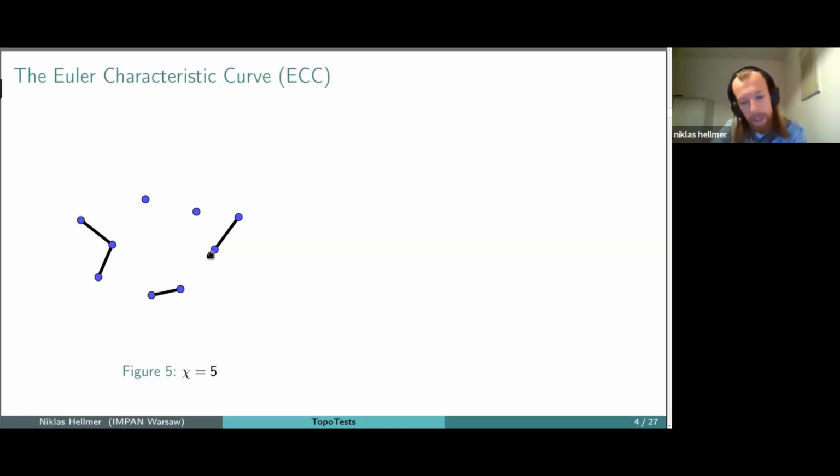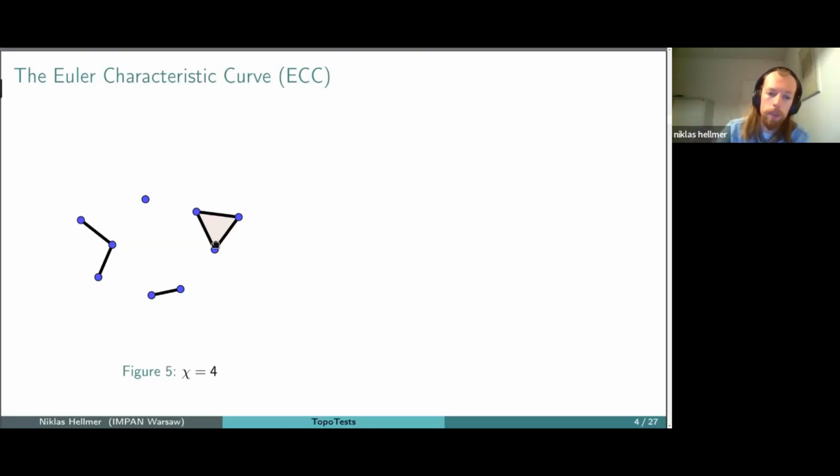As we proceed with this idea, we form a triangle here. And now we have, of course, 4 connected components, but we have 6 edges. So 9 points minus 6 edges is just 3.